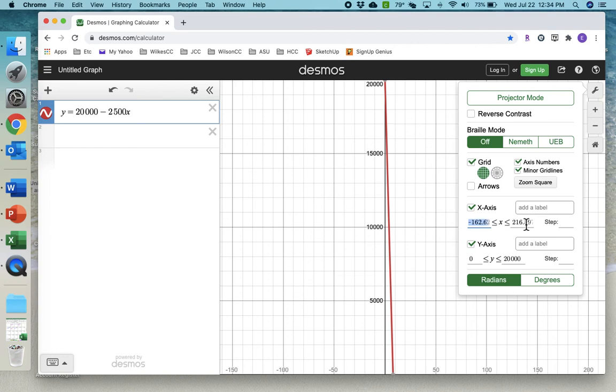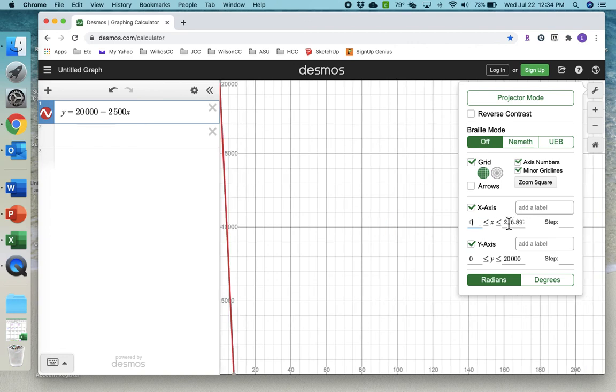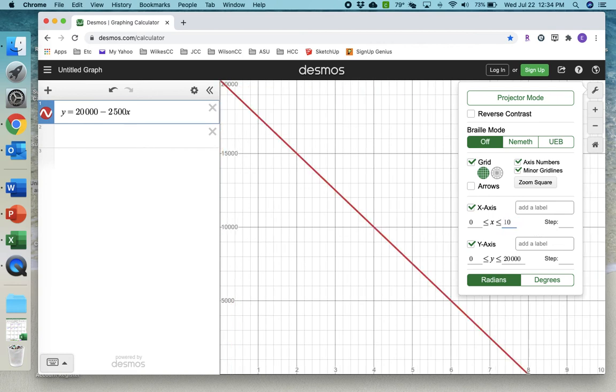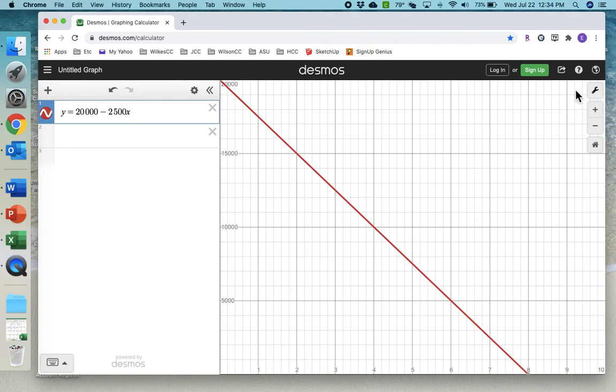And the x values will go from 0 to, let's just say 10. And so here's our graph where we were losing money every semester. We were losing $2,500. Okay, so that's just an idea of how to use Desmos.